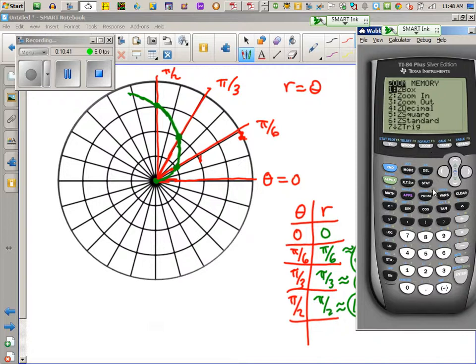If I press zoom out, on some calculators you have to press enter after you press zoom out. I get to see a little more. I'd like to zoom out again, actually. It's still thinking. Let's press on to stop that processor. Still thinking. I'm going to zoom out several times.